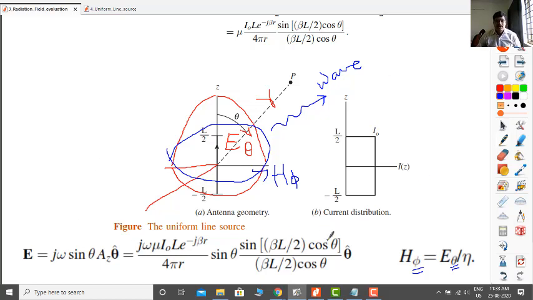Okay. So, this is one example for the applications of our evaluation of steps involved in the radiation measurement, radiation computations to compute the electric and magnetic field.